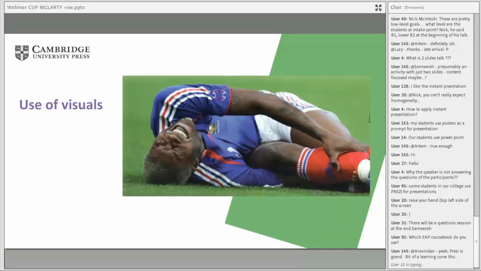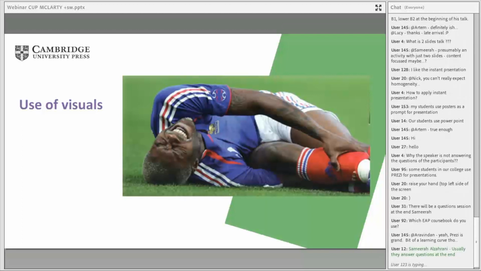Another one would be something like this, which comes from actually an English for medicine title, but is a picture which illustrates the concept of pain quite nicely. What I like about visuals is there are no words getting in the way. There's just a straight interpretation and a gut reaction to an image.